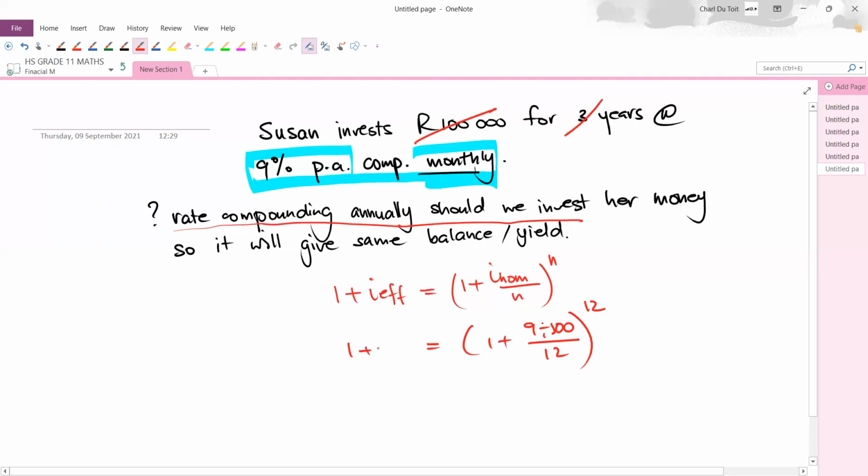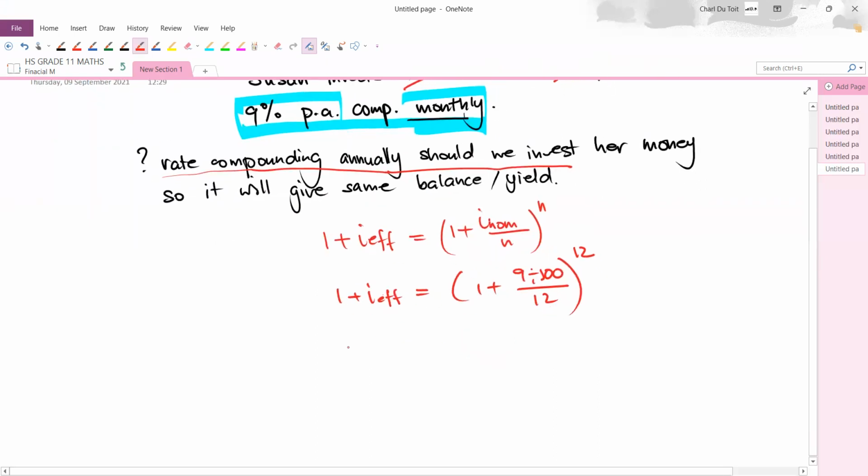And this will give me an effective rate. It will be slightly higher than 9%, because if I want to do one calculation per annum, I need to do a slightly higher percentage to give the same value as a monthly compound. So that's 1 plus i effective equals whatever that is. Let's put that in the calculator.